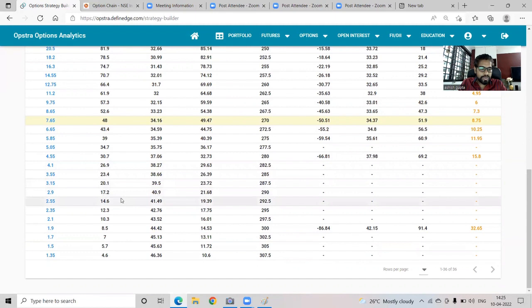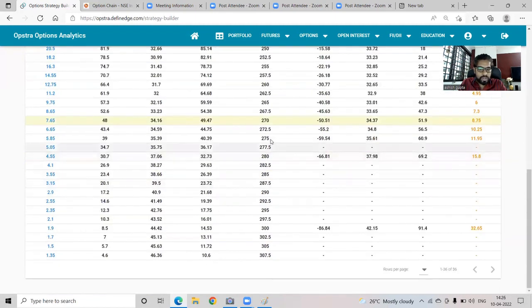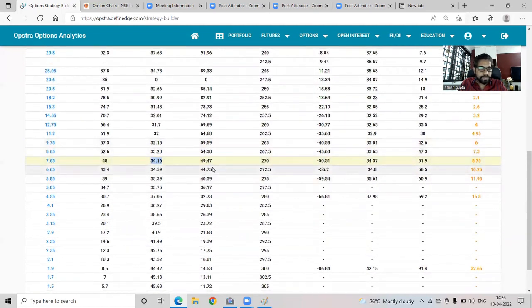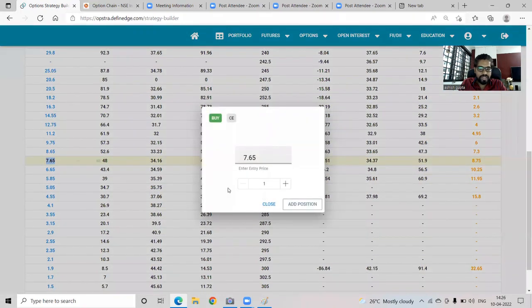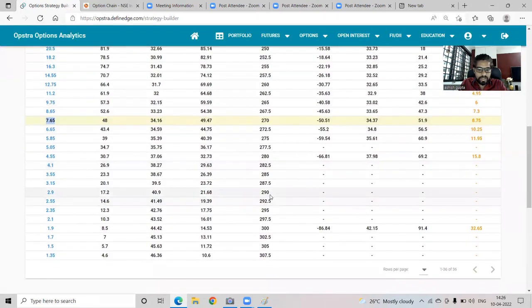Let's say the 290 call option IV is 41. The 270 call IV is obviously much lower, 34, which is at the money. So I buy the ATM option of ITC for 7.65 rupees and sell two options of the 290 call.